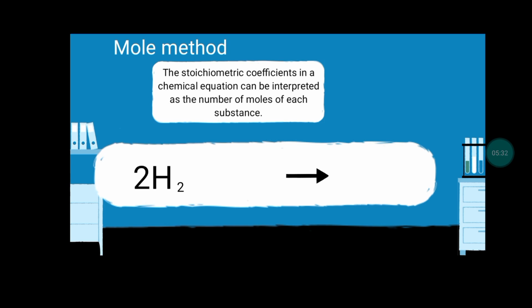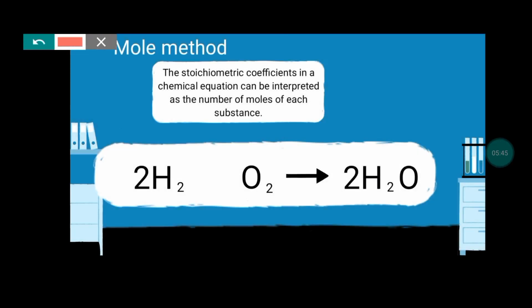If we have 2 molecules of hydrogen plus 1 molecule of oxygen, we are able to have 2 molecules of water. So with this, the coefficients here, 2, 1, and 2 respectively, are called the number of molecules. These are the number of molecules, while the subscript here is the number of atoms.